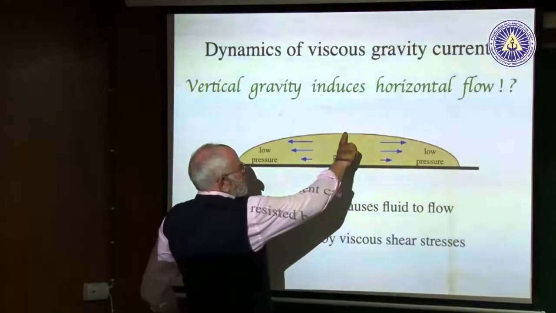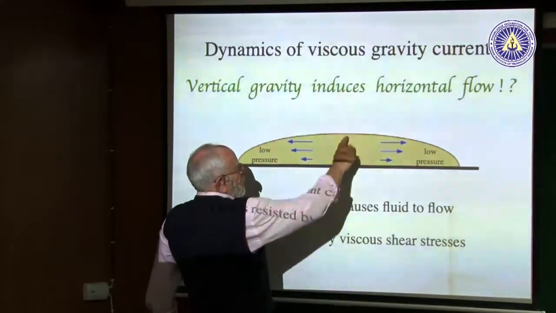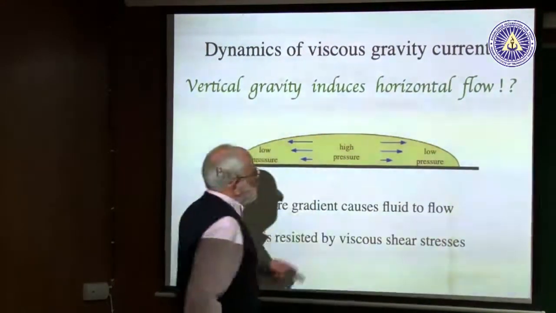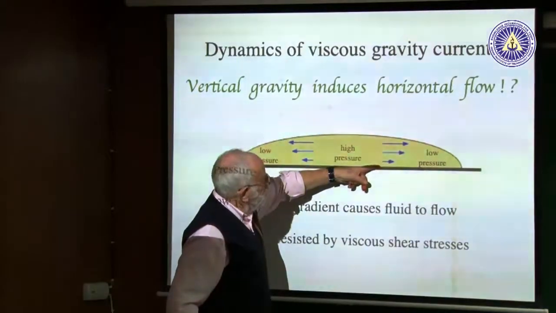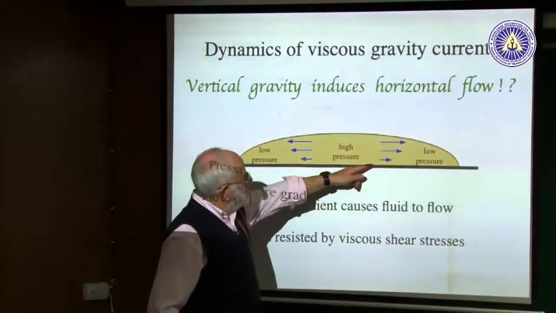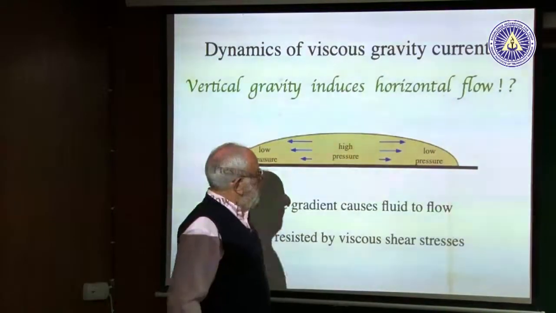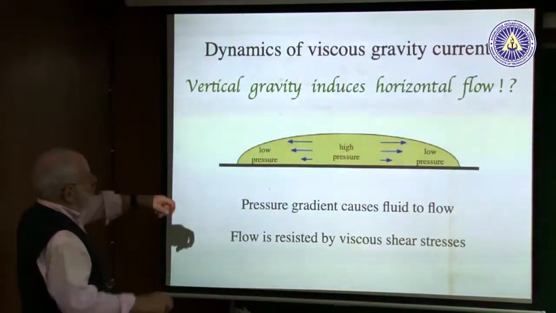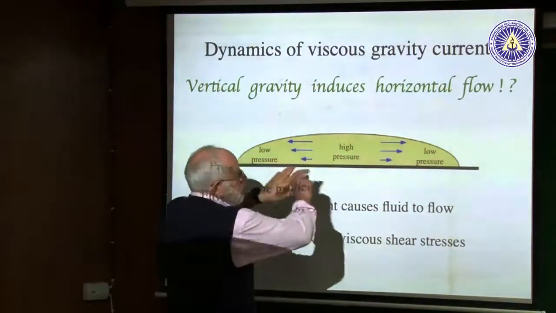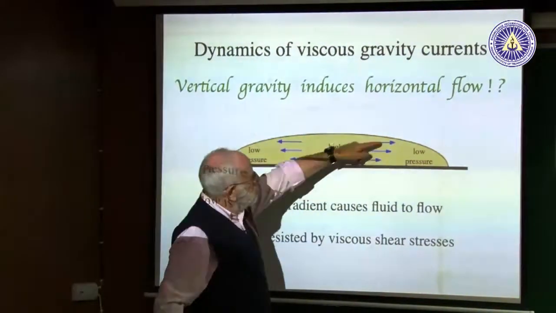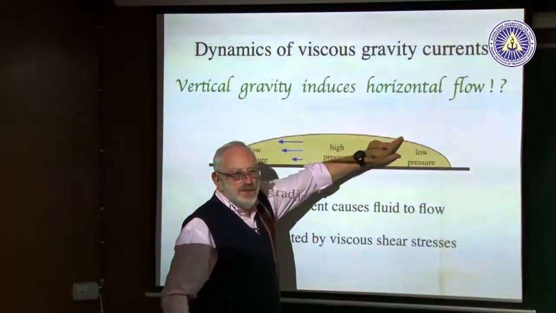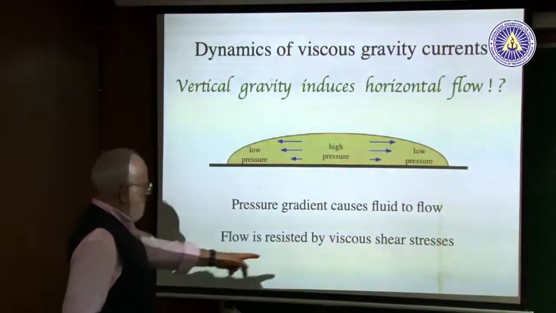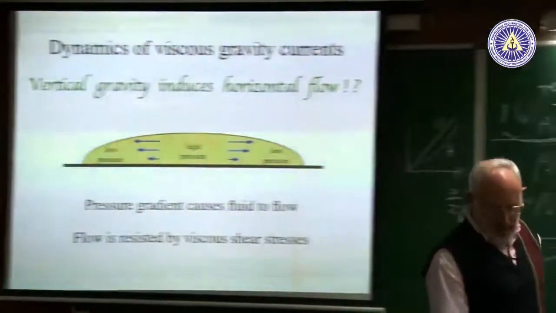There's high pressure here because of this heavy fluid here, low pressure here because there's less of it, so it spreads here with a velocity profile that's parabolic, 0 at the wall, 0 shear at the top here, and the vertical gravity induces a horizontal flow because of this variation in pressure due to this height. The pressure gradient causes the fluid to flow, and it's resisted by viscous stresses.